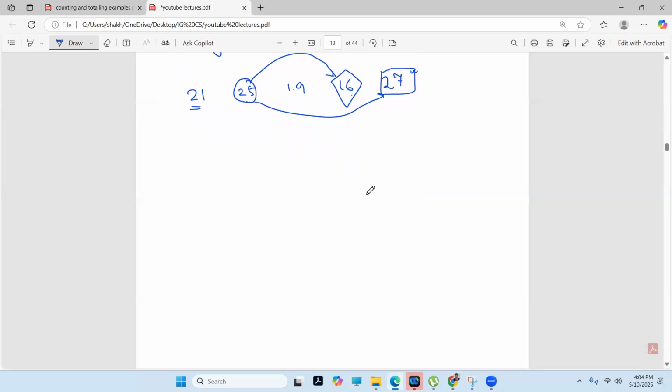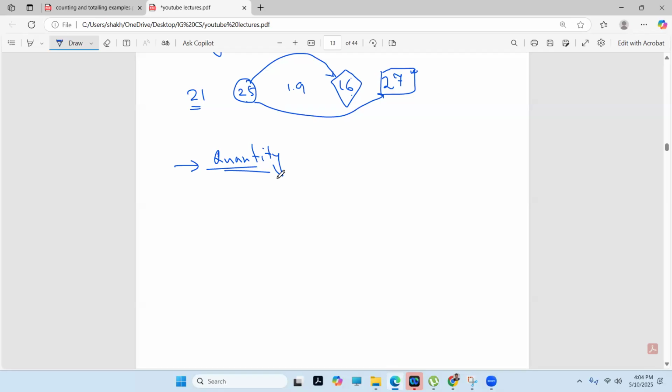To understand that, we need to understand the concept of quantity, which is super important. Based on the quantity, you will decide what method you're going to use to solve a particular problem.